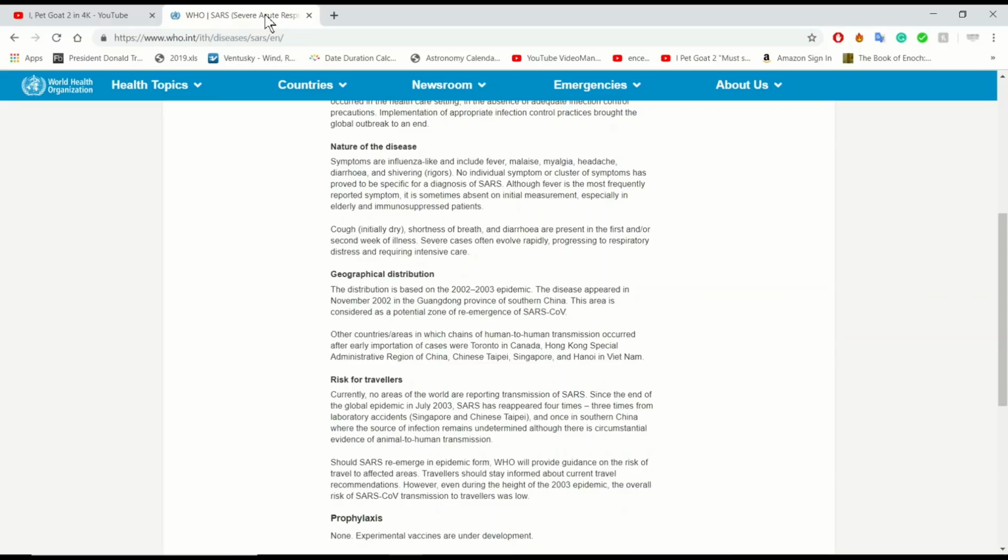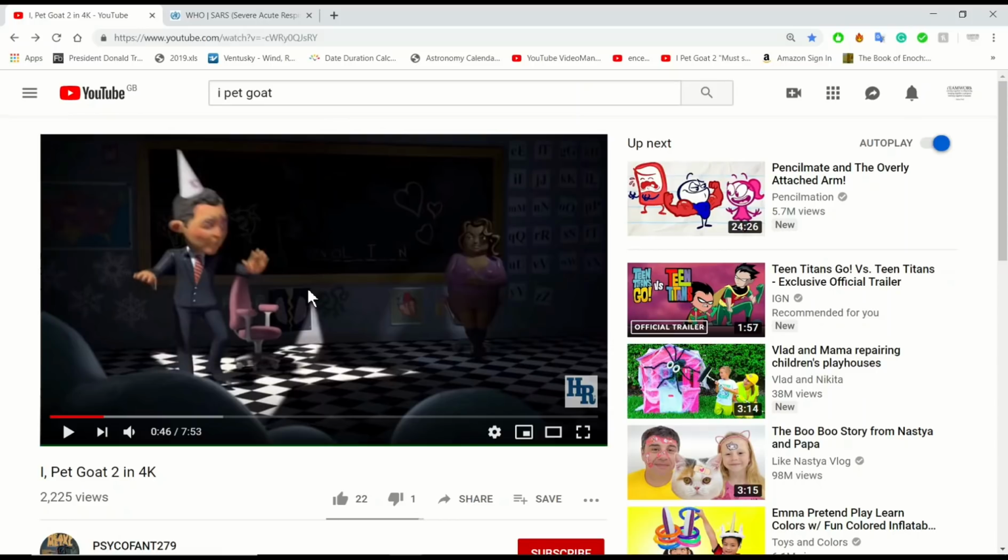Now that's the disease as we know it, but obviously if this message is any part correct and SARS has anything to do with what is coming up involving the iPad Go 2 video, then it could be a weaponized form, and obviously that would most likely have faster effects, faster and more severe effects.